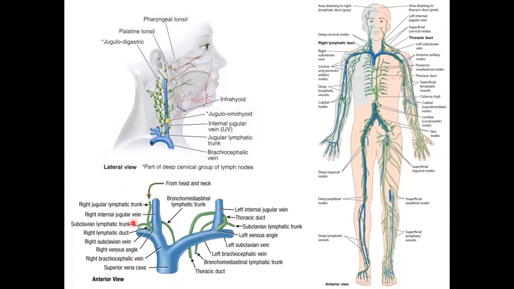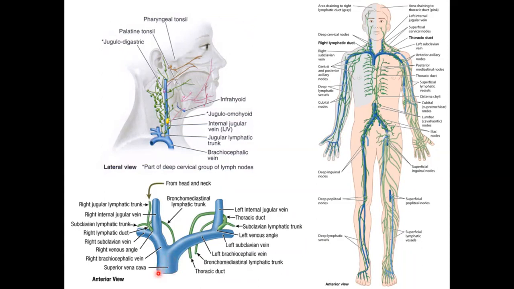And just as a note, I love this picture because it ends up being a whole bunch of information all in this one picture. Notice how your left brachiocephalic vein is longer than your right brachiocephalic vein. That's because your left brachiocephalic vein has to travel across your body in order to meet your right brachiocephalic, because when they meet, they form the superior vena cava, and the superior vena cava drains directly into the heart.